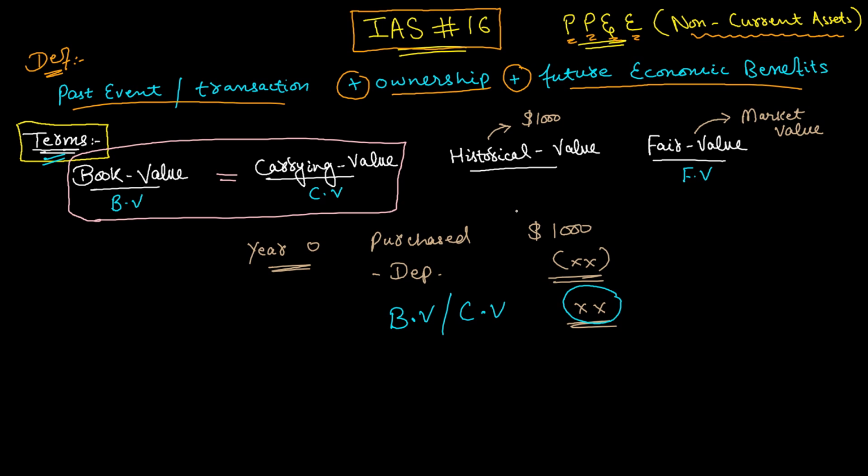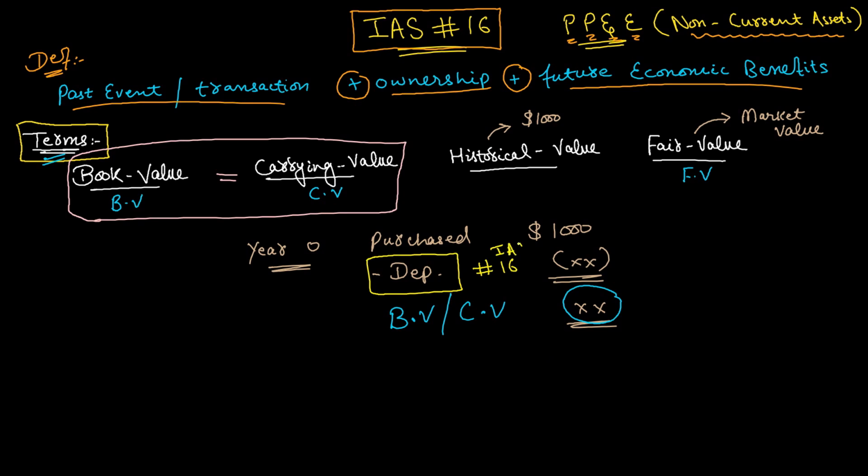If it is more than the book value, then it will be credited to revaluation reserve, and if the market value is less than its book value, then it will be charged to the revaluation reserve first, and if there is any additional loss, then it will be expensed in the profit and loss account. And remember, the accounting treatment of depreciation is also part of IAS 16.